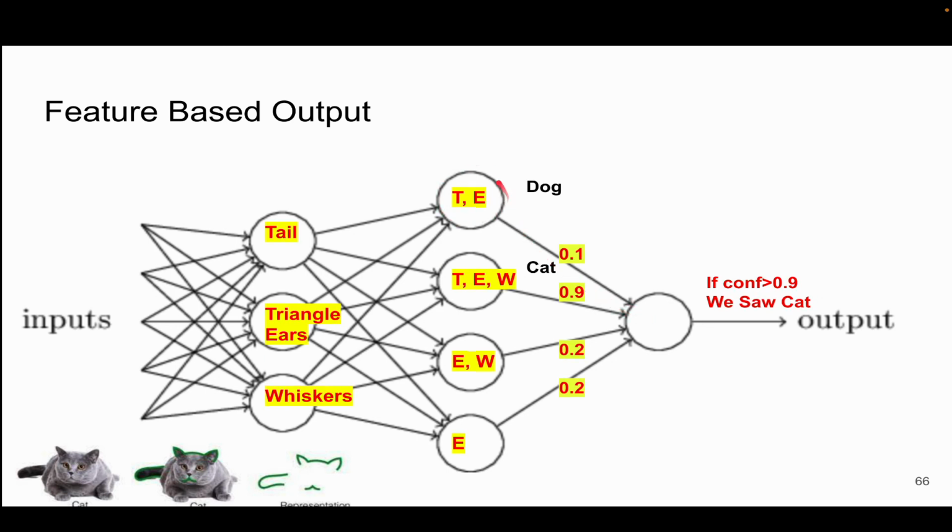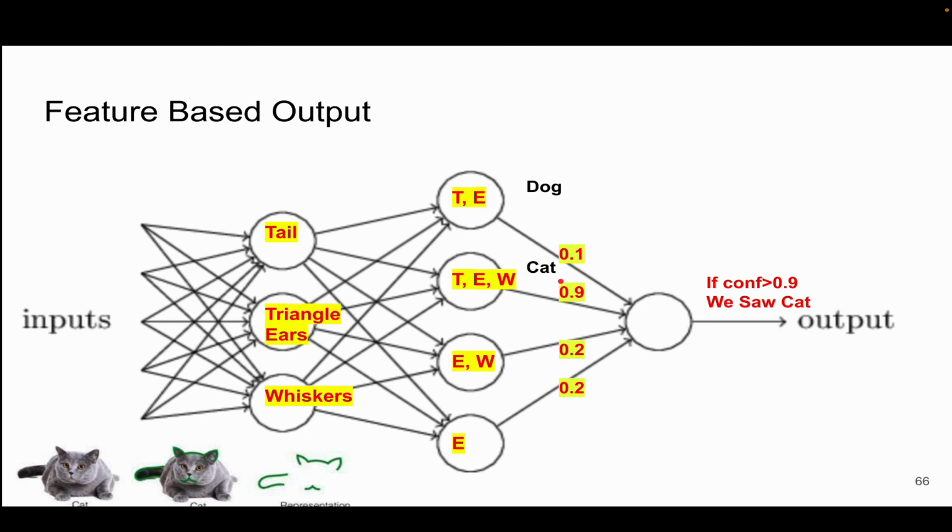But if the value of this is 10, then it will be 0.1 or 1. And when we sum these two, the whole value will be almost 0.2 or 0.3. It will be less than 9. So if it is less than 9, we will say that the dog features are dominant because the cat features are not dominant.